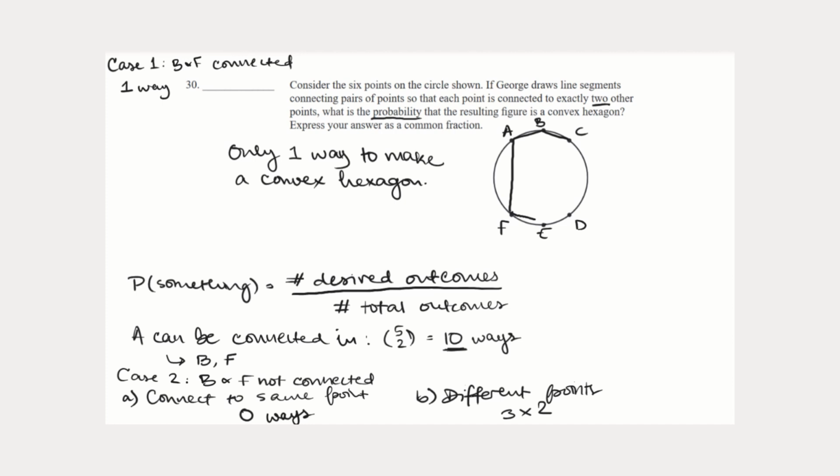So let's say F gets connected to E. That gives you 6 ways for different points. And then from there, you see C and E have to connect to D. In this specific example, by the way, this is not always the case. It depends on where everything ends up. A could have been connected to C and E in the beginning, and you would not have gotten this hexagon. So okay, case 2 gives you 6 ways.